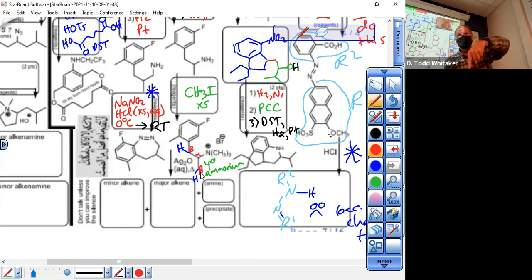It's the bottom one. So that's where your major alkene's coming from. Double bond. You could have circled that benzene and not had to draw it, but it's not bad. And the amine is, regardless, N(CH3)3.